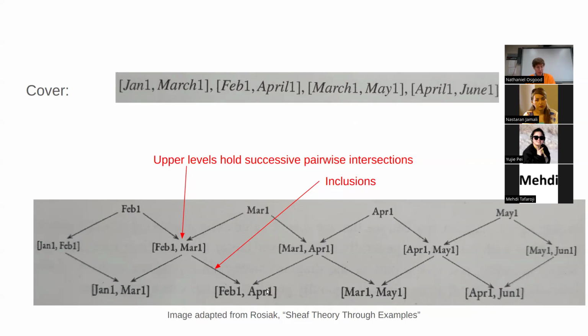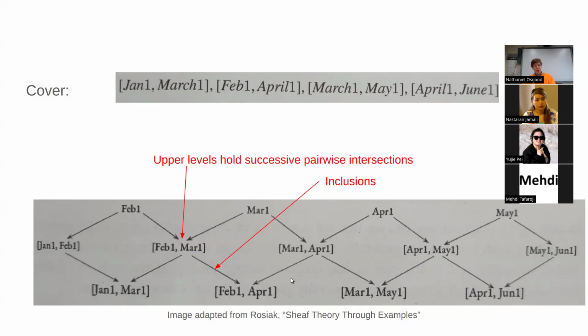This one goes from February 1st to April 1st. This one goes from January to March. And so there's an intersection, that's this interval, right? And same thing with this interval here, same thing with this interval, etc. And this shows an interval from January 1st to February 1st that's not represented here.